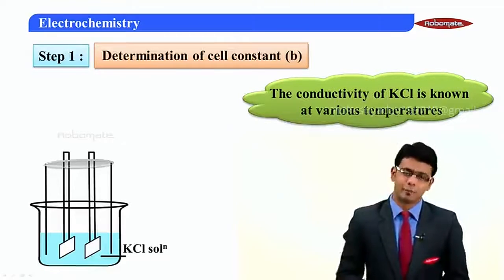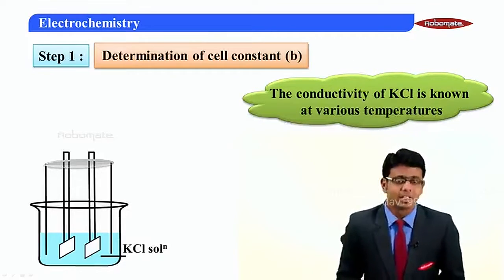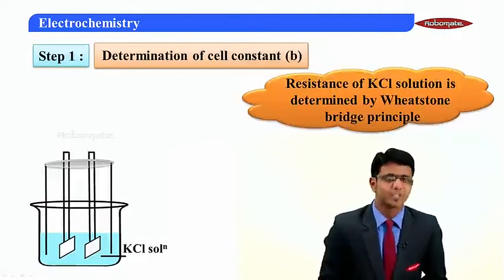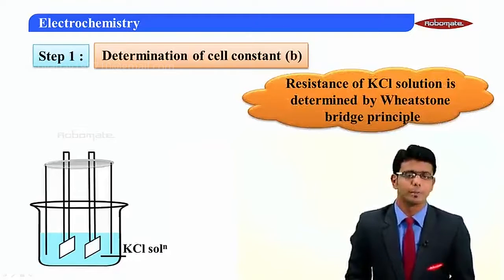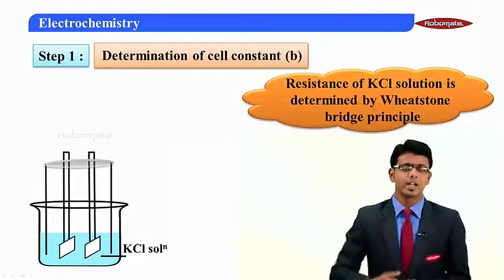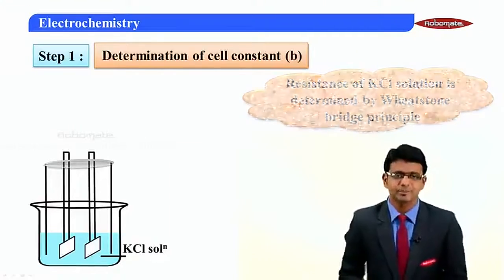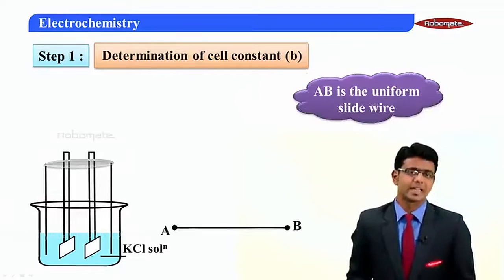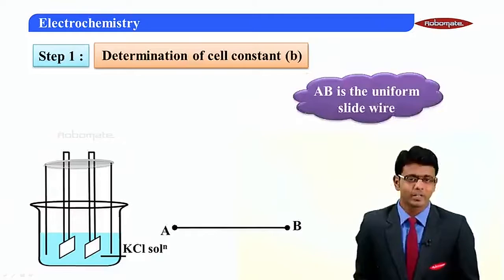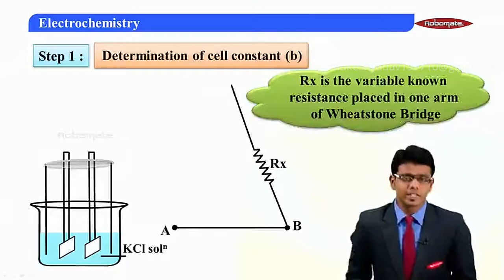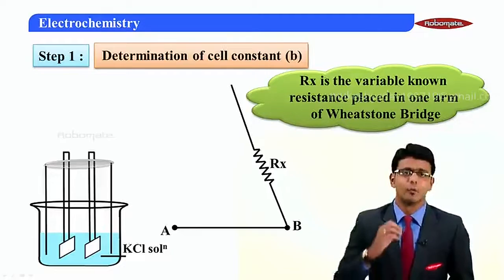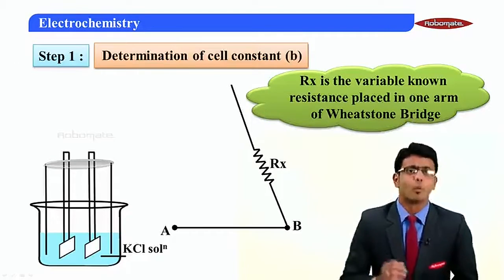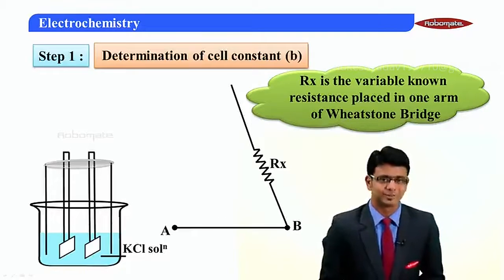predetermined conductivity value. Now here the resistance of KCl solution is determined by the Wheatstone bridge principle. So let us understand what exactly it is. Here you have AB, which is a uniform slide wire. The resistance Rx is a variable known resistance which is placed in one arm of a Wheatstone bridge.